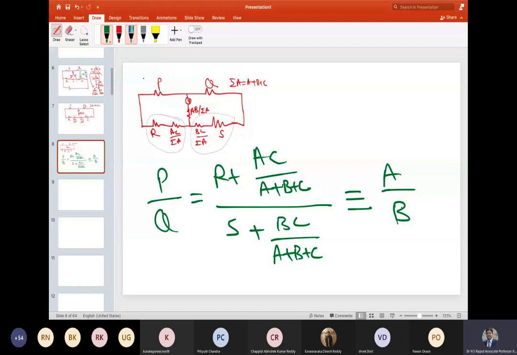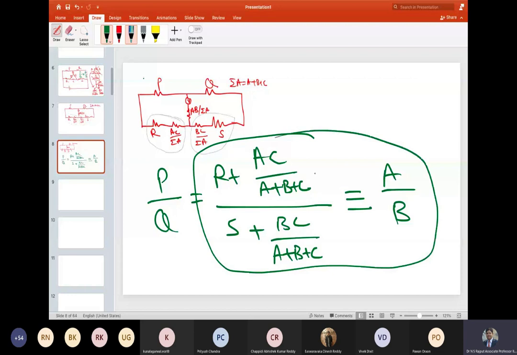With this relation, if I cross multiply and solve, you can see that this B goes here, so this is ABC divided by A plus B plus C. Similarly, this part goes here, so this is ABC divided by A plus B plus C. So these two terms will go off.